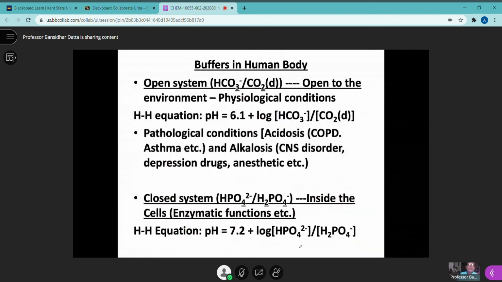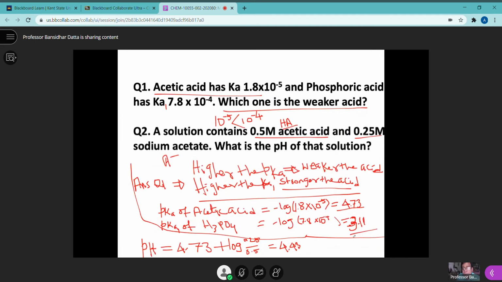I have a question real quick. If I was taking a test, how do I know which is A minus and which is HA? How do I determine that? I just said it. It will be written like this: a solution contains 0.35 molar phosphoric acid.